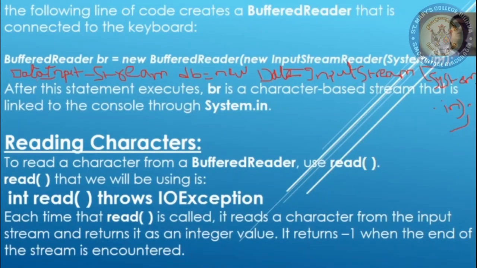DataInputStream is a class, and dis is the name of the object, created for the console input. After this statement executes, br is a character-based stream that is linked to the console through System.in. So you can read the value from this object.